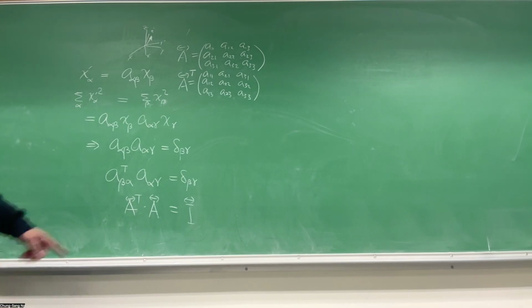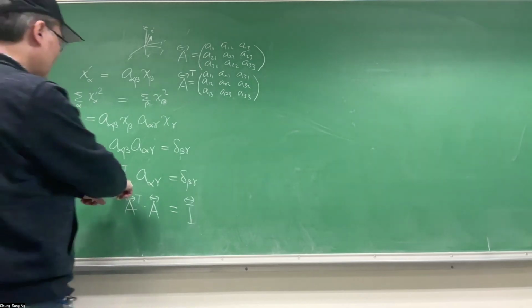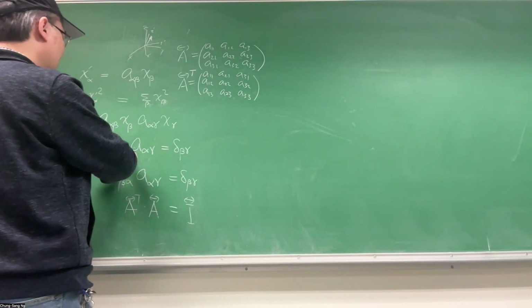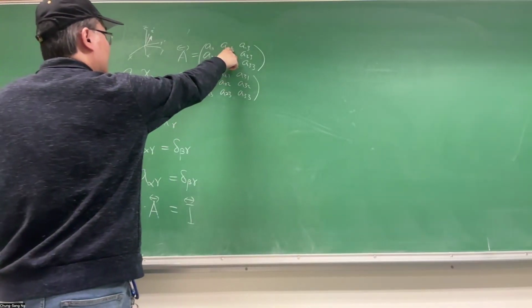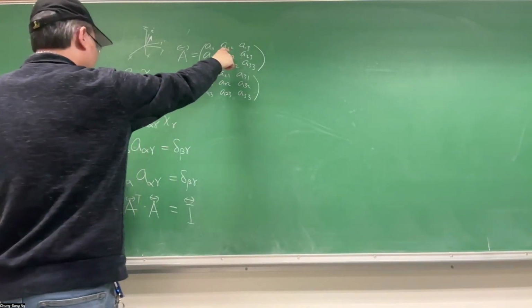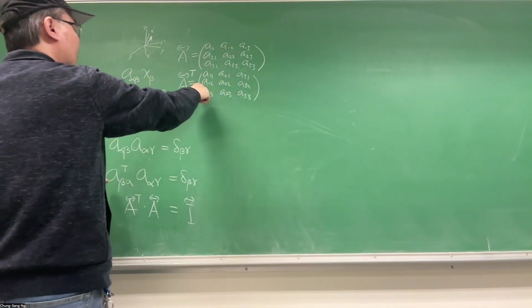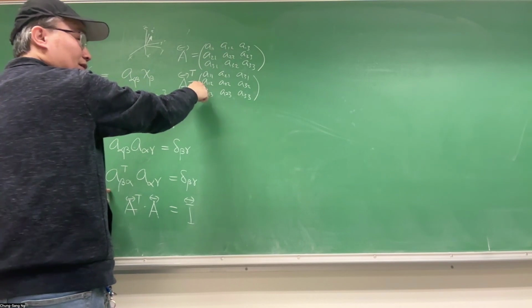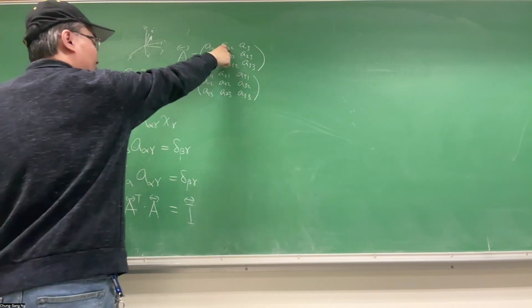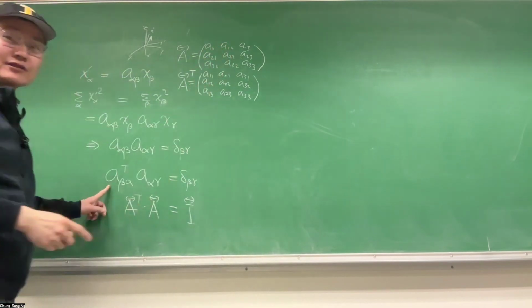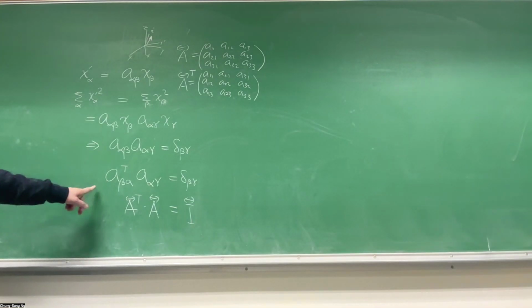Like alpha beta is 1, 2, this is this one, and now this will equal the 2, 1 element, which is this element. So that is exactly right. This is just the definition of transpose.